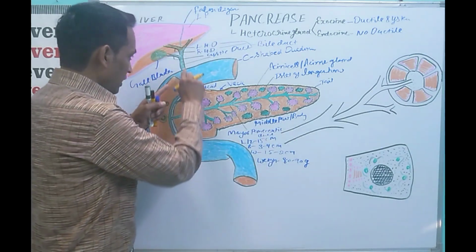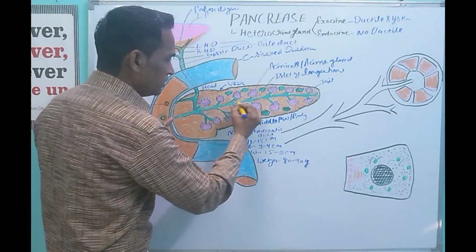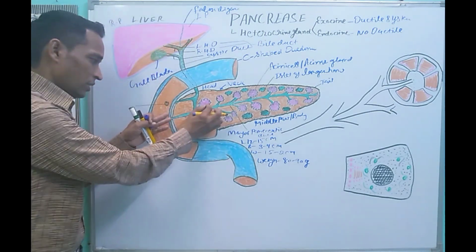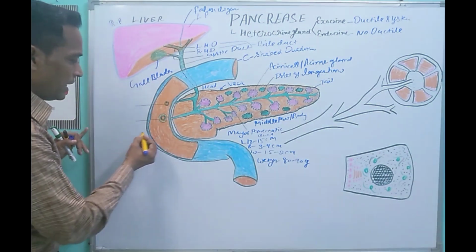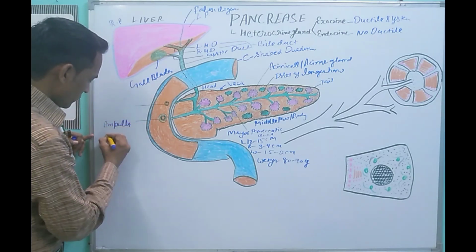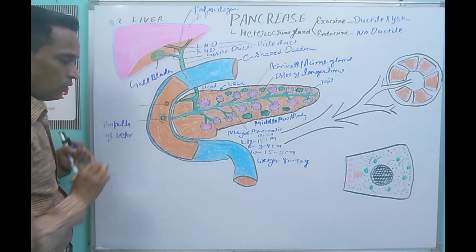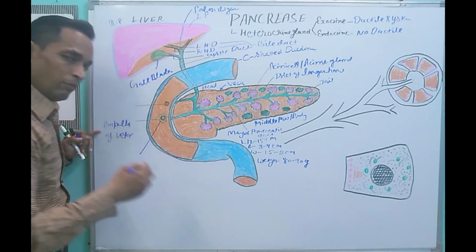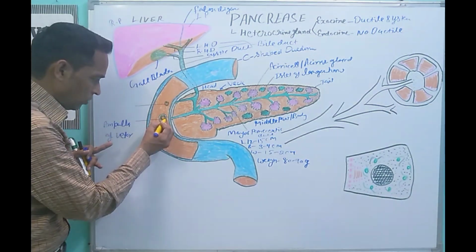You know that the duct from behind the duodenum is connected to the main duct of the pancreas, and the ducts open into the part of the duodenum known as the ampulla of Vater. The ducts arise at the ampulla of Vater, and the ampulla of Vater is surrounded by a muscular structure.